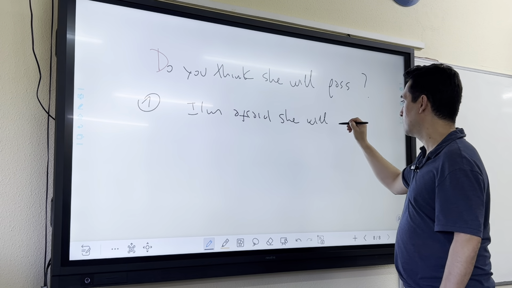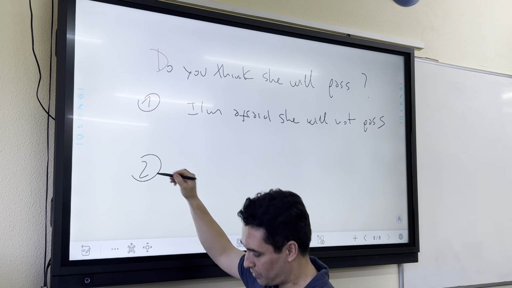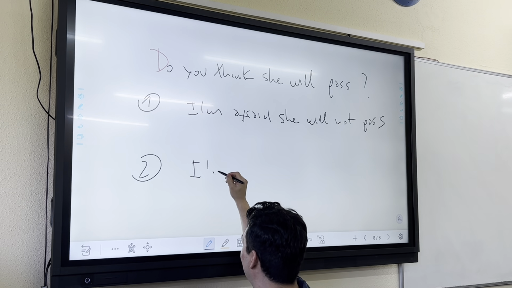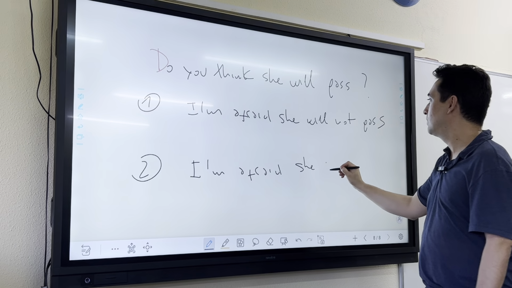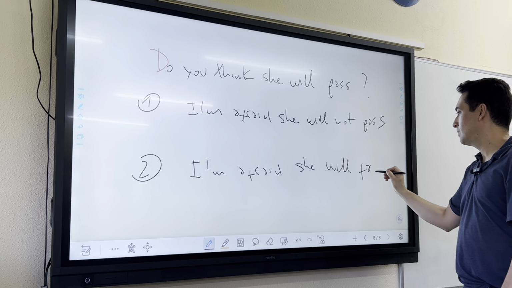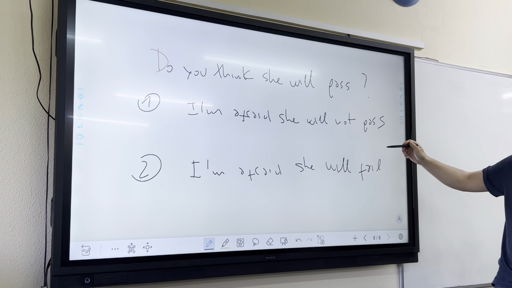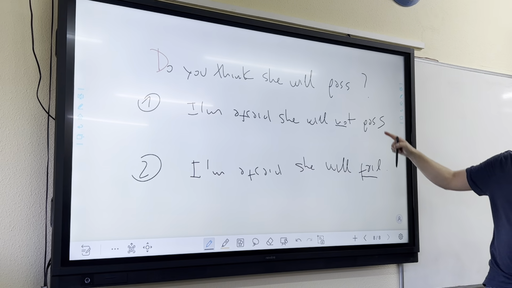And possibility number two is I'm afraid she will fail. Okay, both of them are negative sentences. This is clearly negative because of not, and this is negative because of fail, opposed to pass.